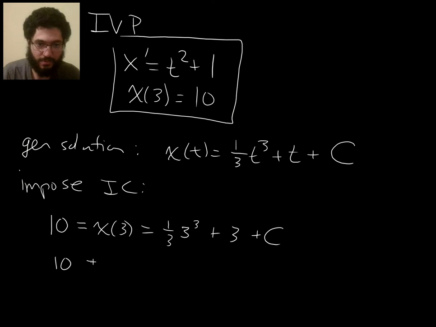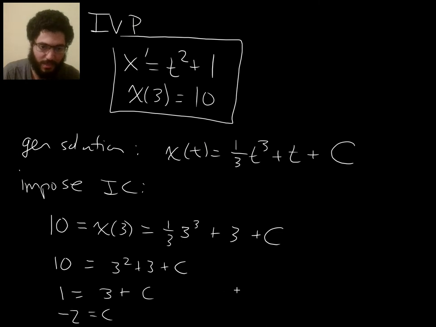So let me simplify the equation a bit. This is 3 squared plus 3 plus c. So 1 equals 3 plus c. So minus 2 equals c. And so now I can write my particular solution. Let me write it up here.